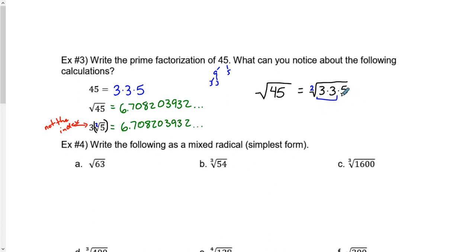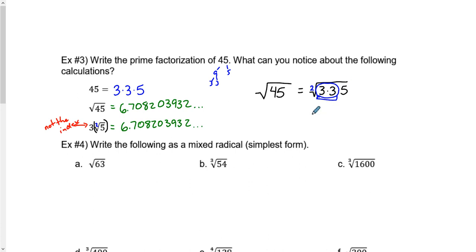Hopefully you can see that there's 2 3s here. What we're going to do is we're going to be writing these as mixed radicals. In order to write something as a mixed radical, in this case, because our index is 2, we're going to be looking for a group of 2 identical objects. In this case, it's a 3. This group of 2 3s, just like when we did our greatest common factor and lowest common multiple, we only took 1 of.